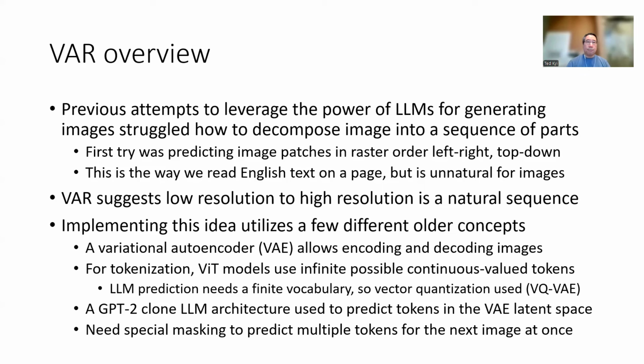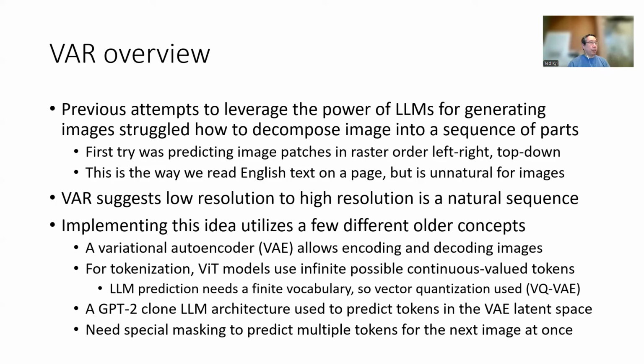And then what we're going to see is that when you're going from low res to high res images, these images are not going to be just one token anymore. That's another thing I love about this paper. I think this is an underexplored area with transformers and LLMs: in language, we've just been predicting one token at a time.